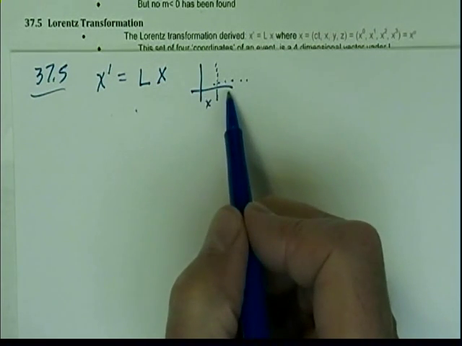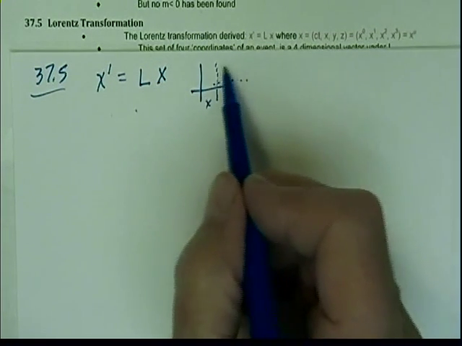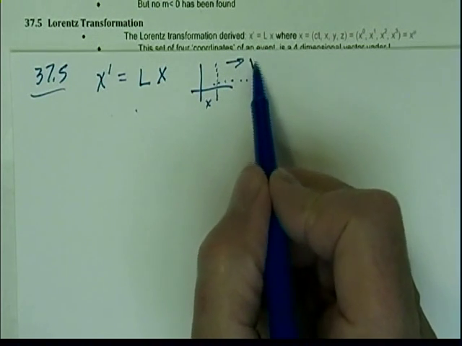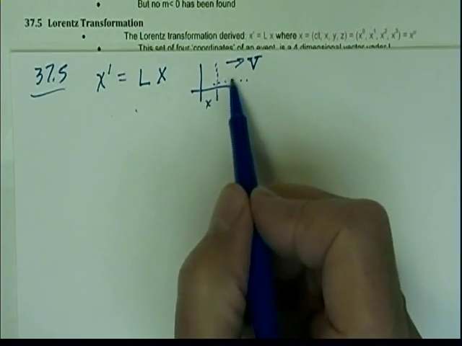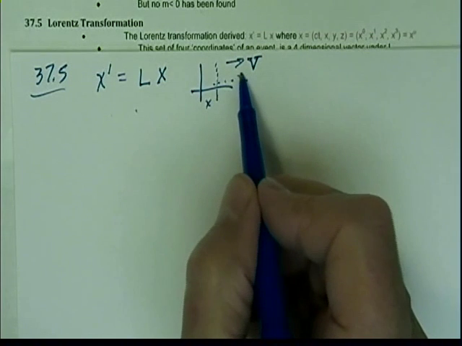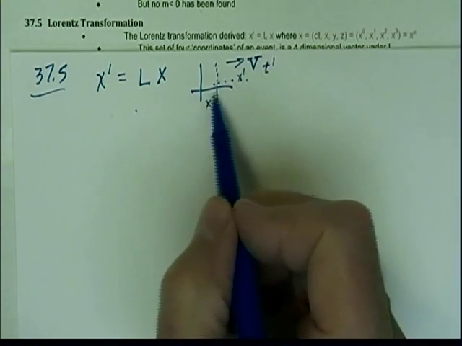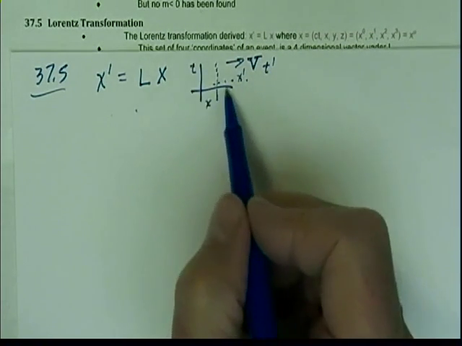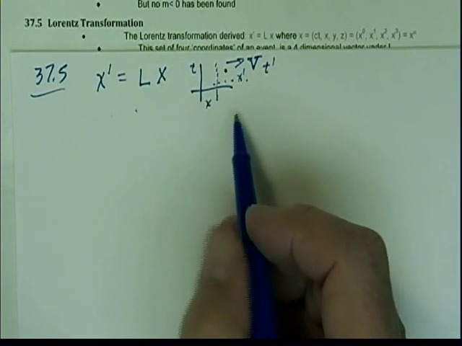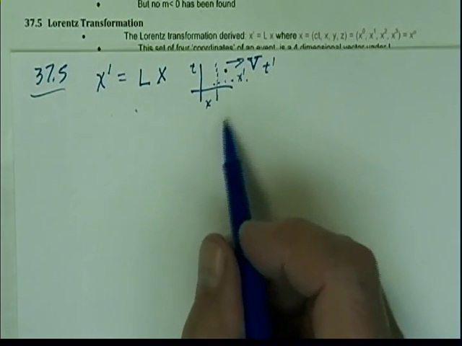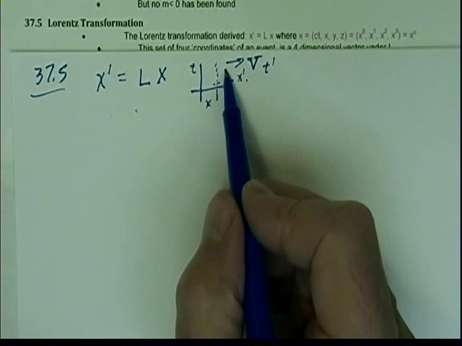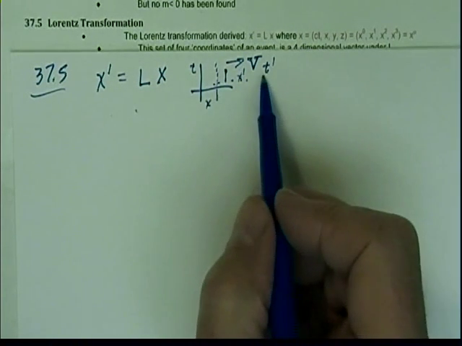This is Bob, who's just sitting here on the ground, and Jack is moving by at some velocity capital V, and he has x prime, he'll have t prime, and this guy has x and he has t, to measure events that happen out here, like a firecracker goes off. And they're looking at the position and the time when this occurs.